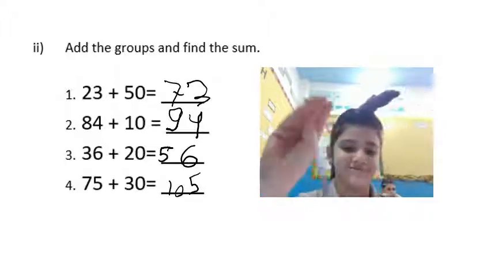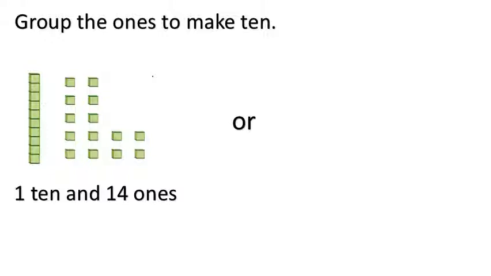Okay, good job. Here we need to group the ones to make 10. So here I have 1 ten and 14 ones. That's a bit excessive. It's a lot to say when I can just simply make another 10. If I look at my ones group here, can I make another 10? Yes, I can make another 10, right? I can make 1 extra 10.